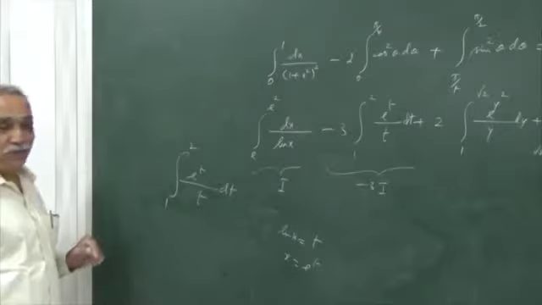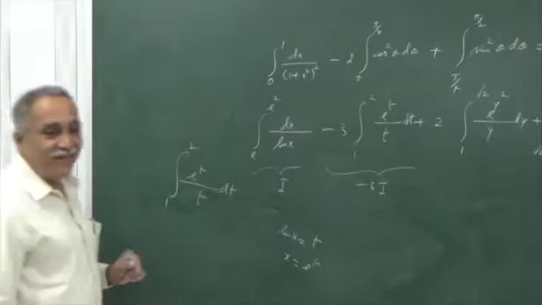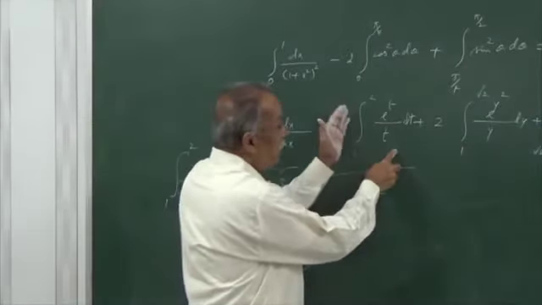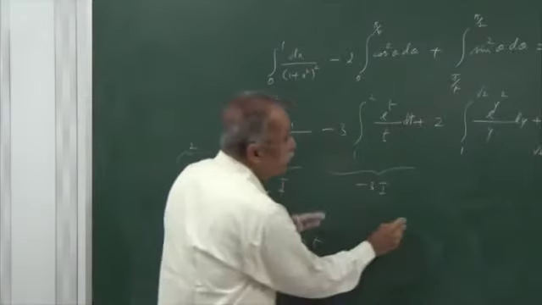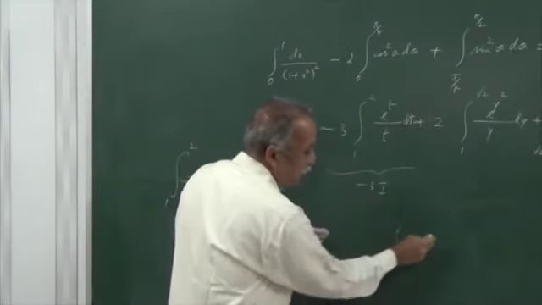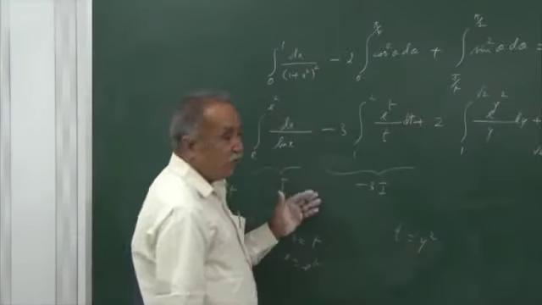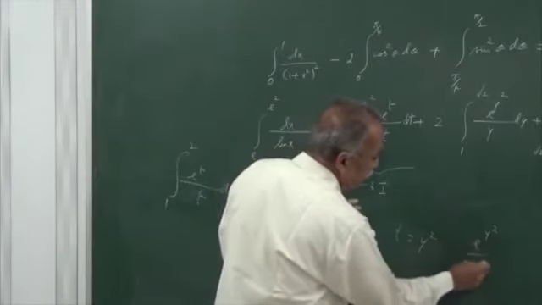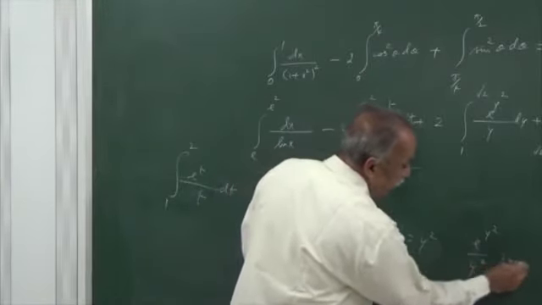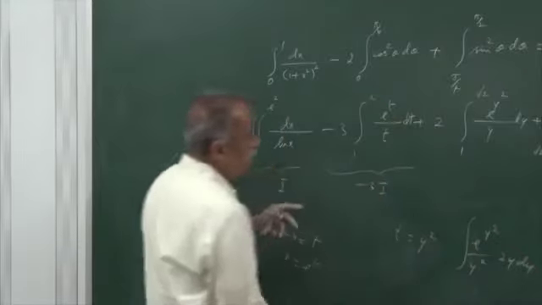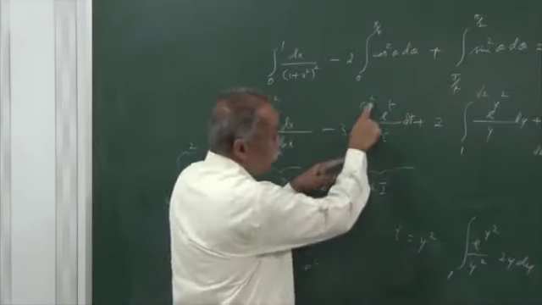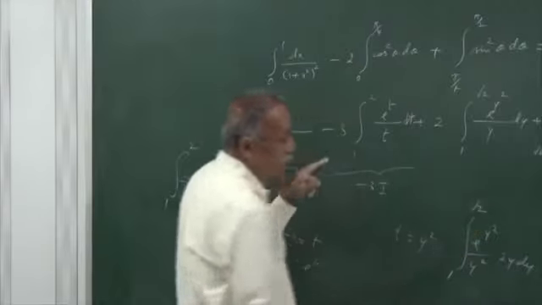What about the remaining two? In this integral e power t by t from 1 to 2, suppose you apply substitution t equal to y square. You will find the integral as e power y square by y square into dt, which is 2y dy, with the new limits: t equal to 1, y is 1; t equal to 2, y is root 2.